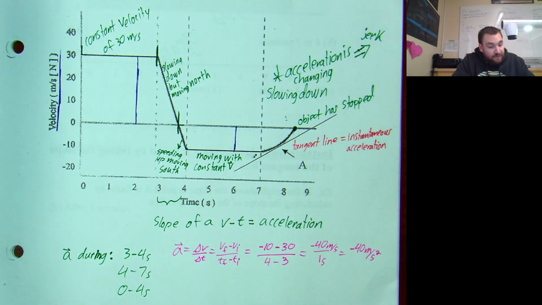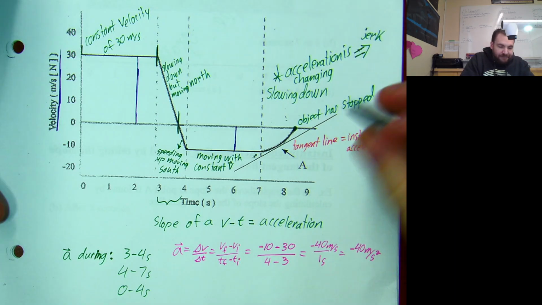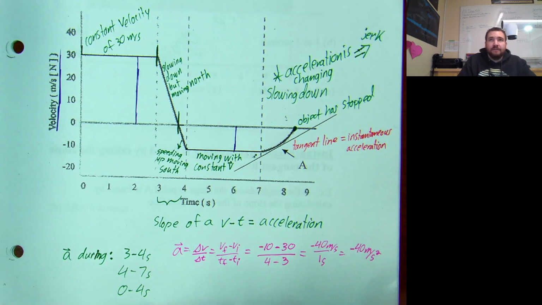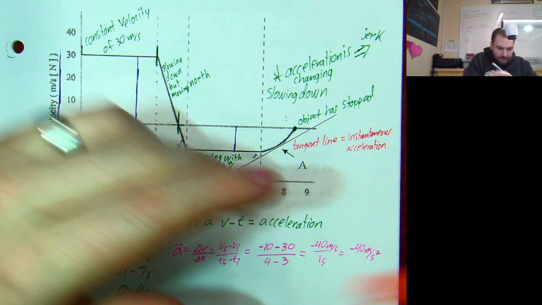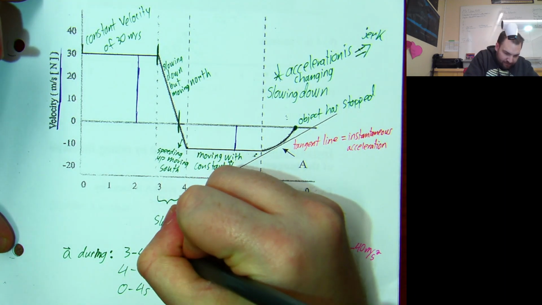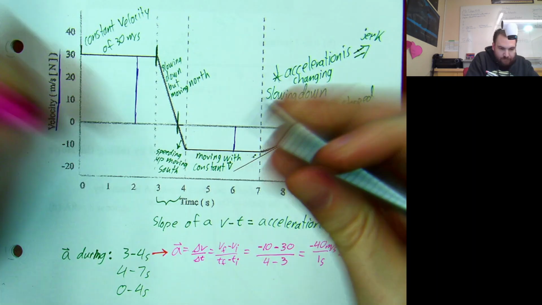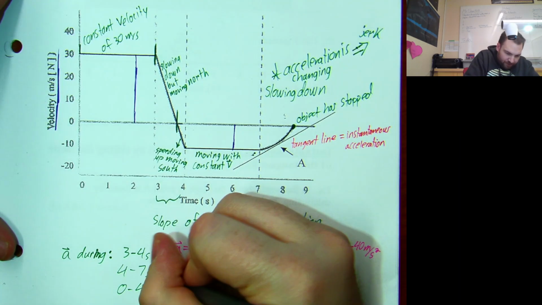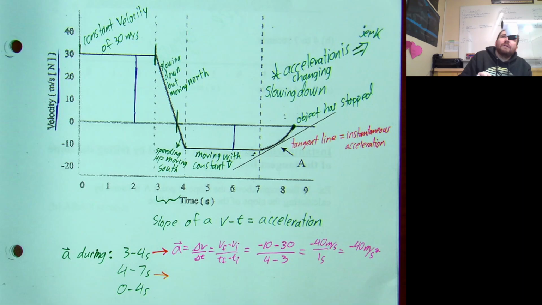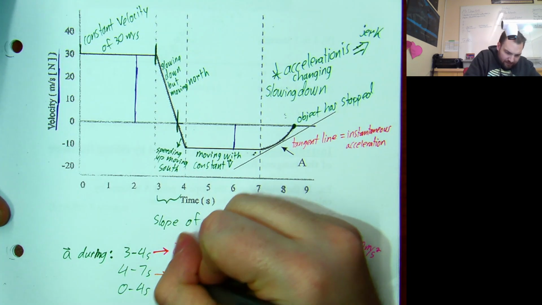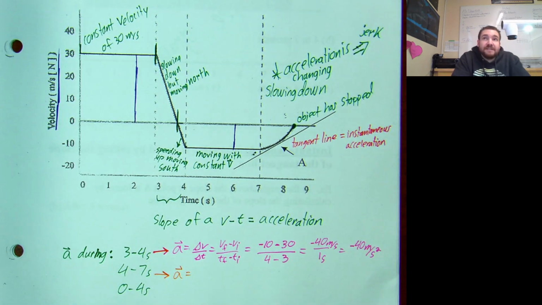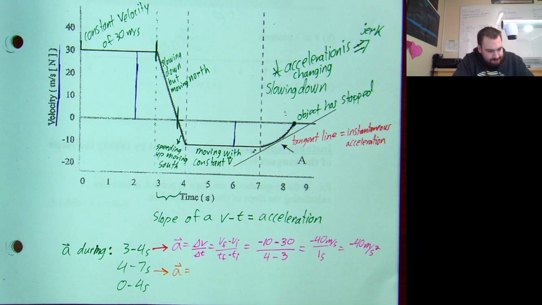Okay, so let's look at the 4 seconds to 7 second mark. What's happening in there? Let's do this one in orange. What's my acceleration for 4 to 7 seconds?